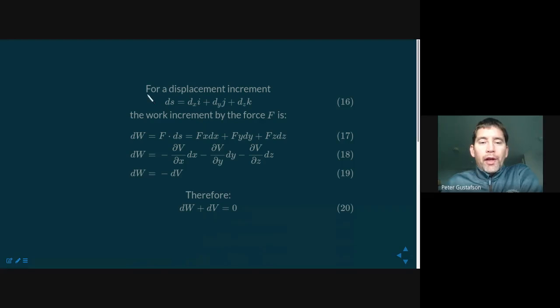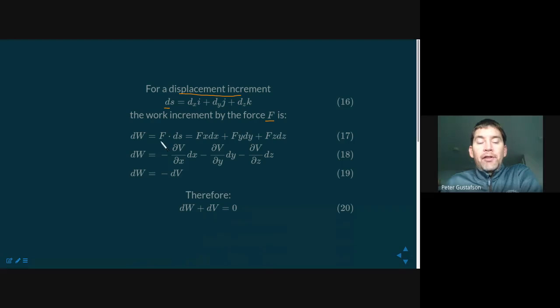Anyway, so here again, if we have a differential displacement ds, it is going to have components dx, dy, and dz in the three directions i, j, and k. And the work increment done by a force is, and you've seen this on the prior slides, but the reason we're emphasizing this as being slightly different is that we're talking about displacement increments now.